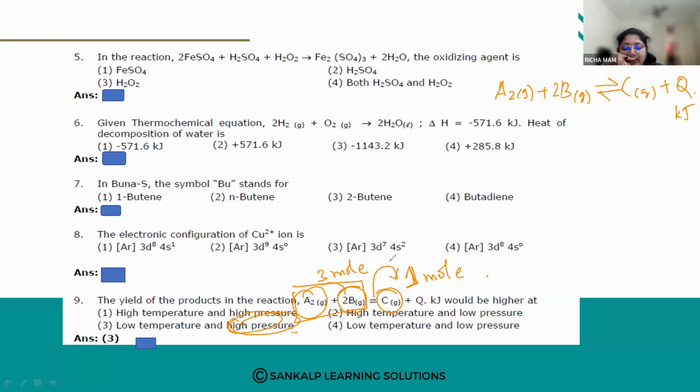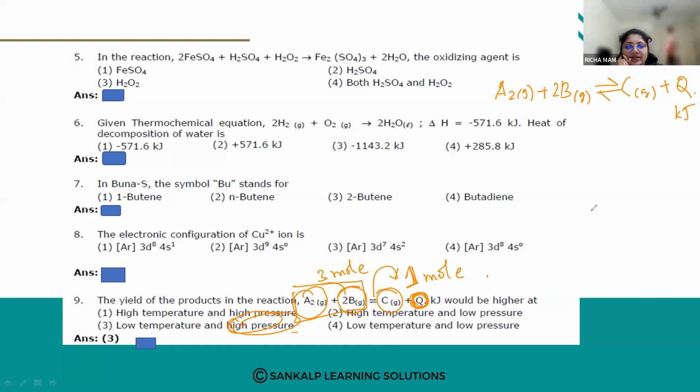Then for the temperature, here the reaction is exothermic because the energy is released. Plus Q means the energy is released. So what will happen when you lower the temperature? Low temperature will favor the formation of products in an exothermic reaction.